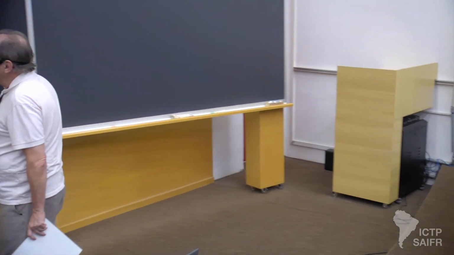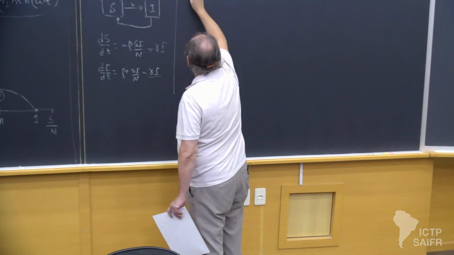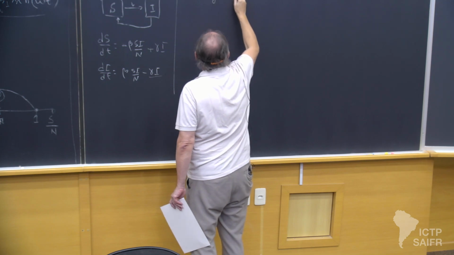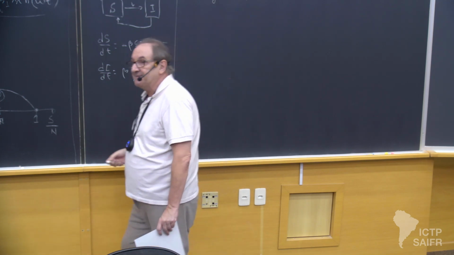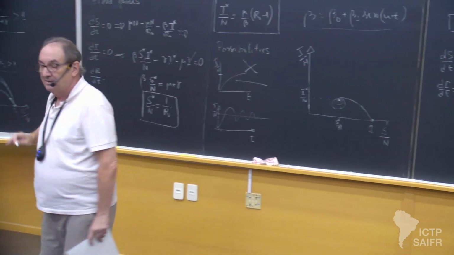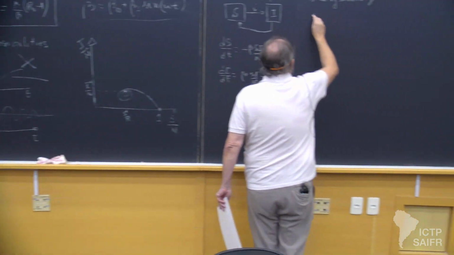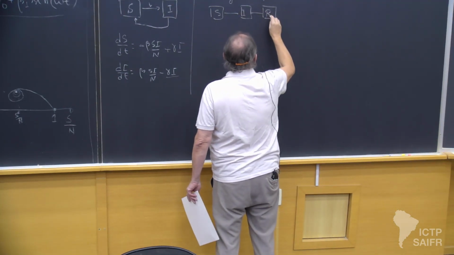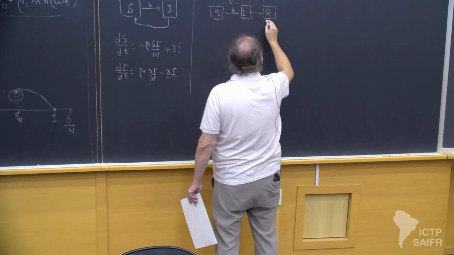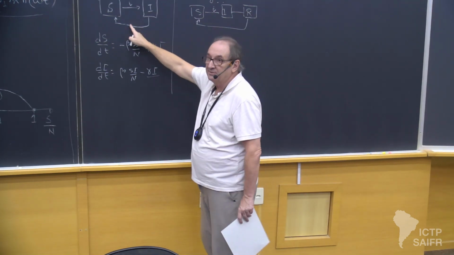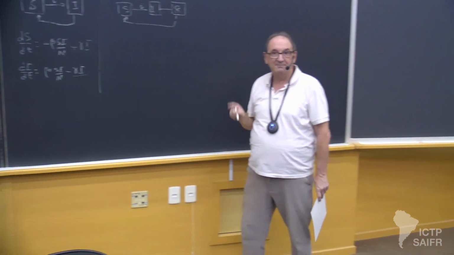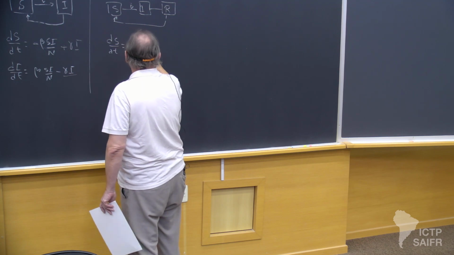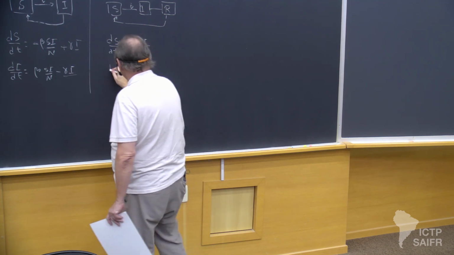And the other one would be the model with waning immunity, which would be an SIR model like this. You get immune, but you go back to S. Similar to this one, but with one more compartment.